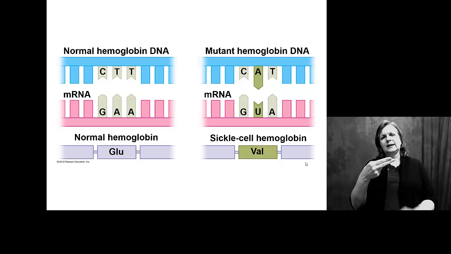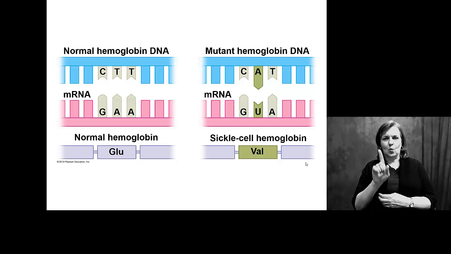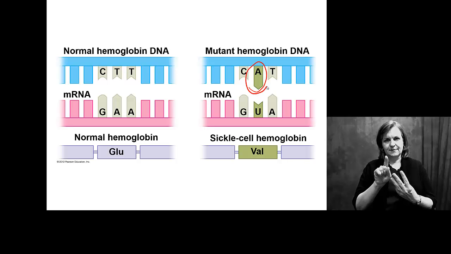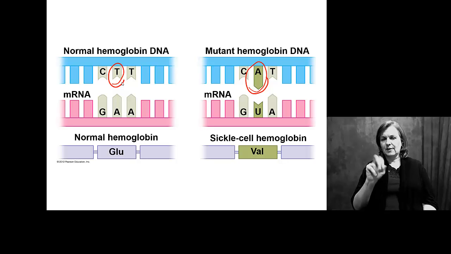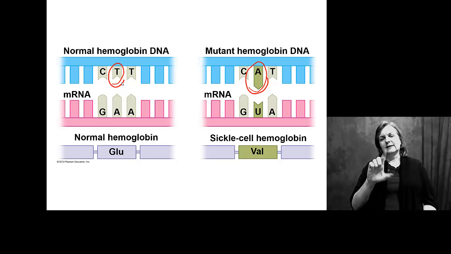So hemoglobin carries oxygen in your red blood cells. If you have a single base pair mutation in your hemoglobin, you actually can develop sickle cell anemia.